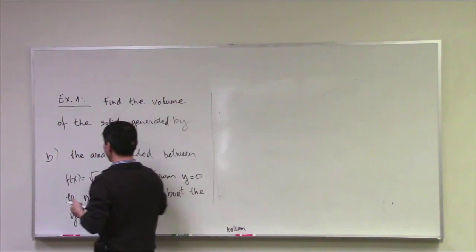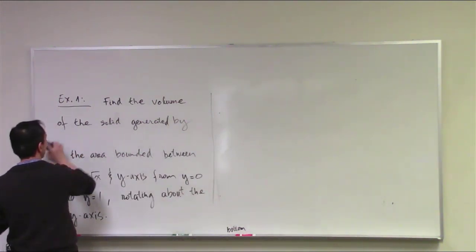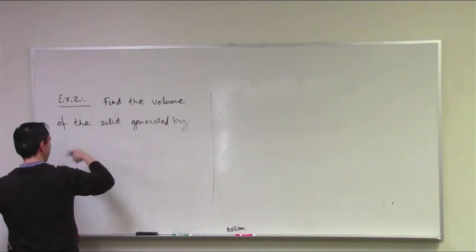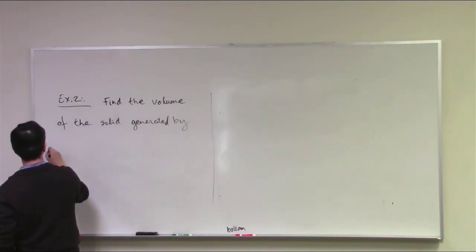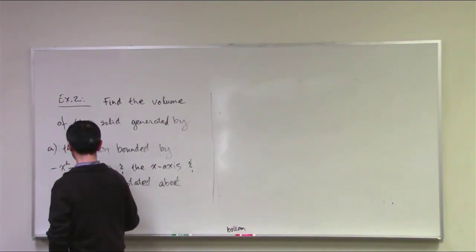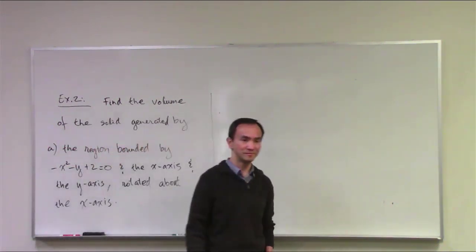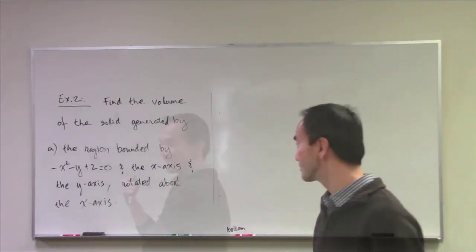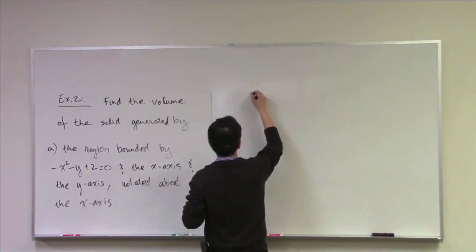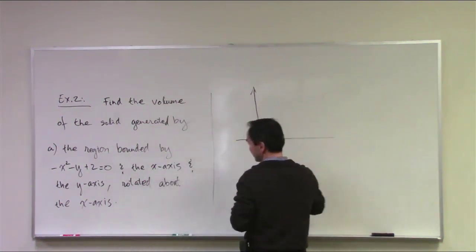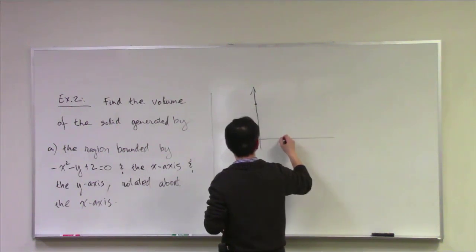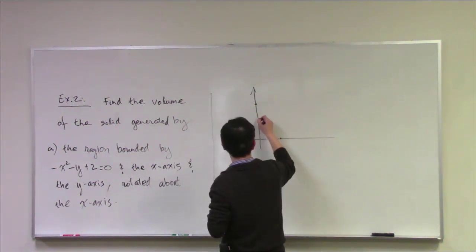Now let's call this example 2. We want to find the volume of the solid generated by part A here. So once again, let's sketch the picture. This region right here is where root 2 is, right?